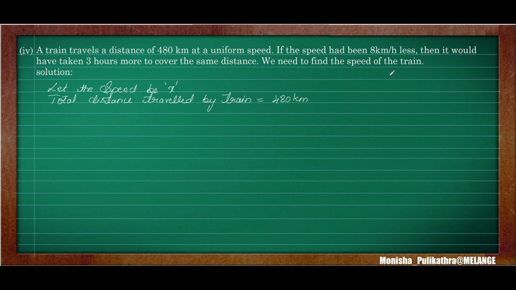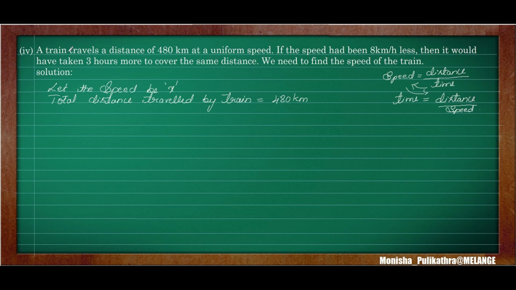We know a formula in physics, that speed is equal to distance by time. Since we have taken speed as x, we can interchange that: time is equal to distance by speed.